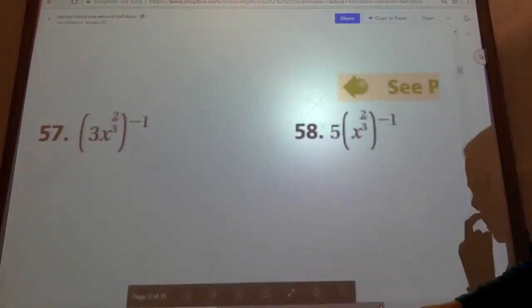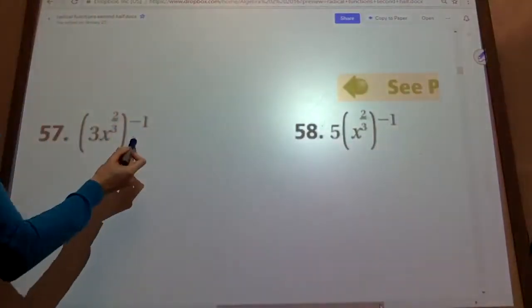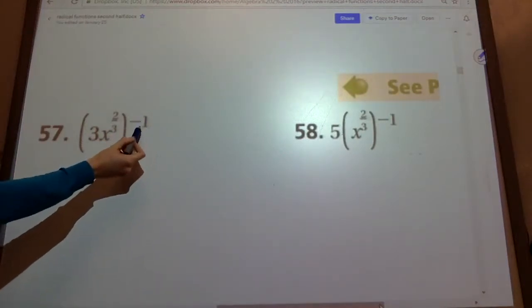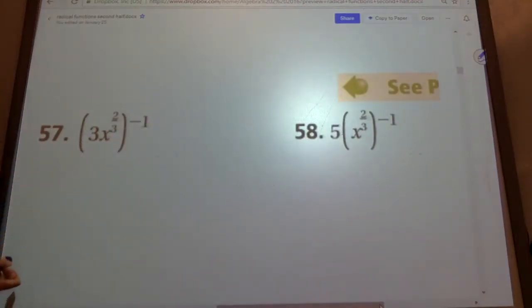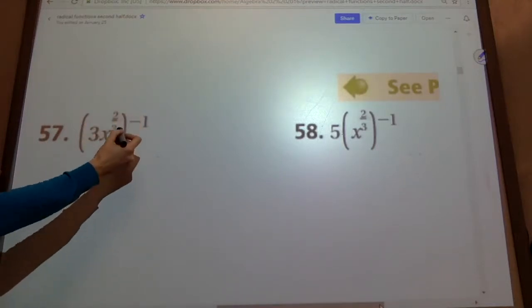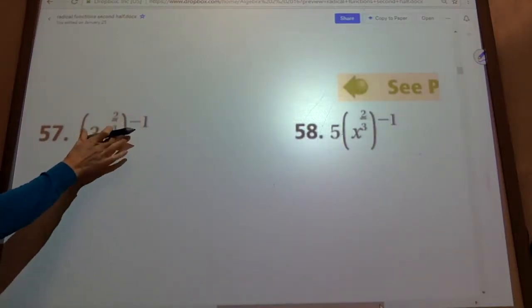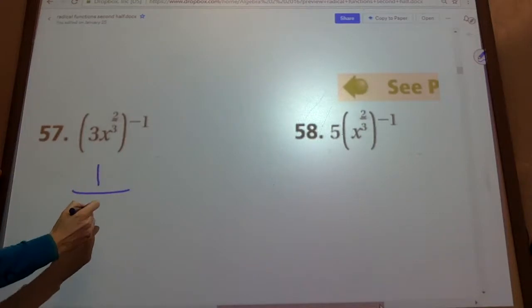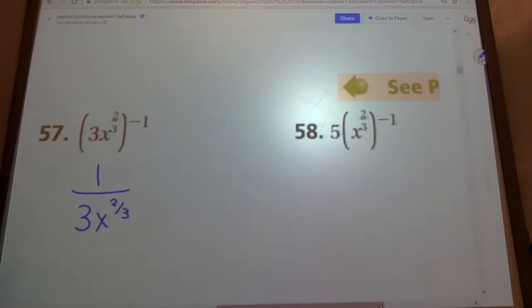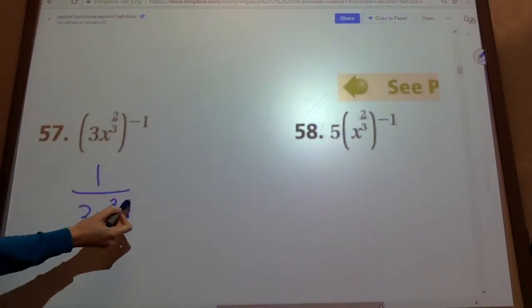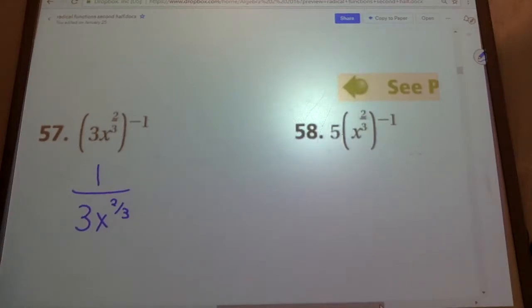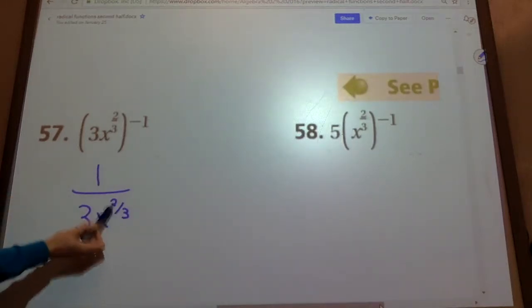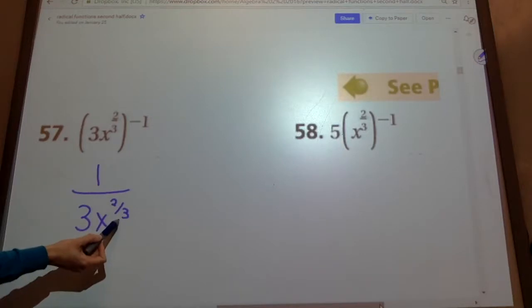So how about this one? If I have a -1, how do I make -1 positive? Since this is in parentheses now, this whole thing is going to go to the bottom, right? And that now is a +1. But what's wrong with this answer? This 2/3 represents a radical.